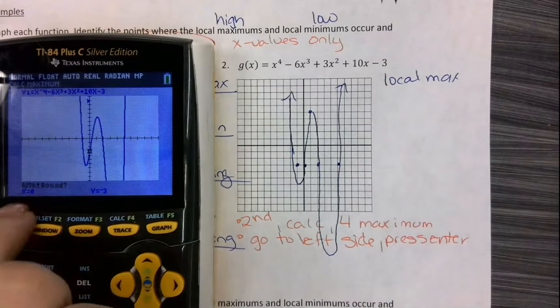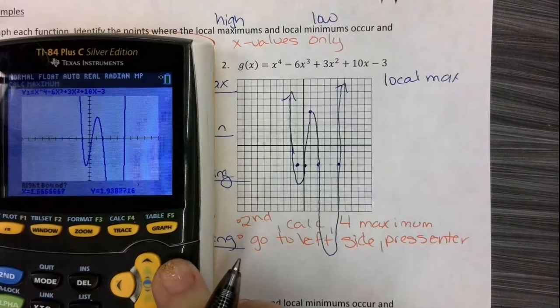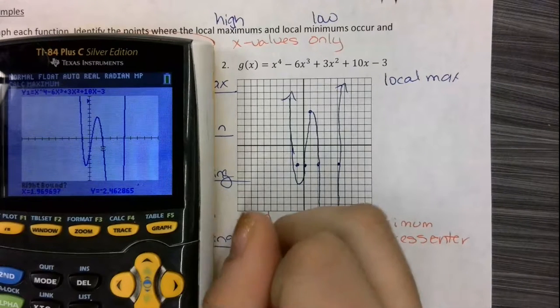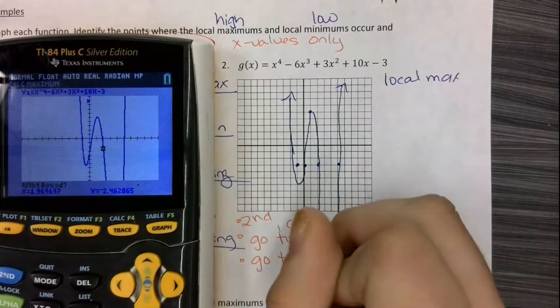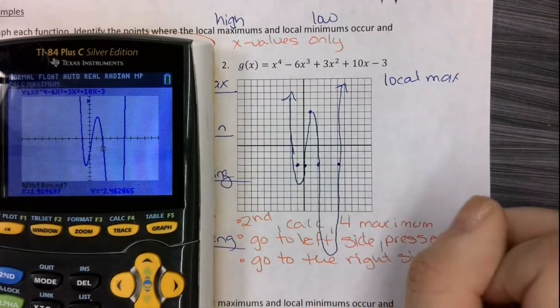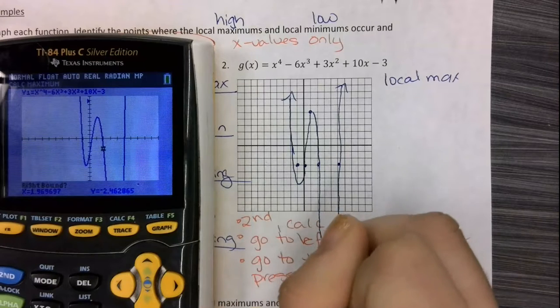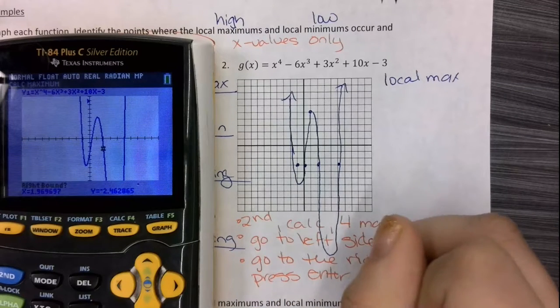Then it says right bound. So I want to move to the right side. And here I want to press enter twice.